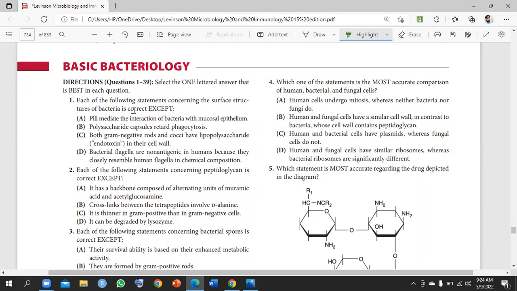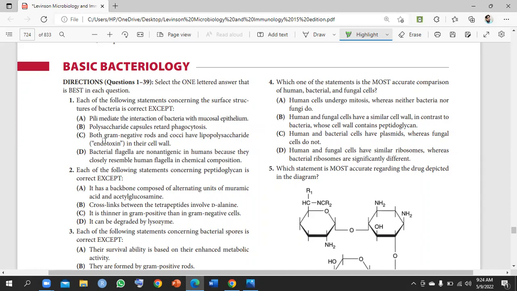The second is that polysaccharide capsules retard phagocytosis. As we know, a capsule is a special type of covering that retards phagocytosis, meaning the bacteria can slip away from phagocytes, neutrophils and macrophages, and cannot be engulfed easily. So it is also correct.